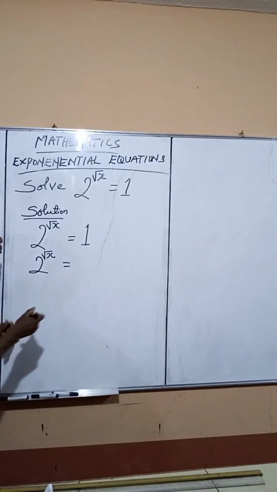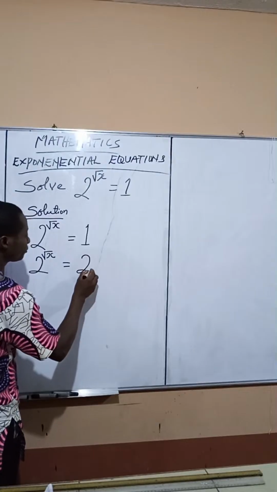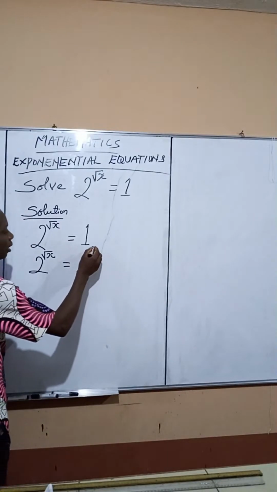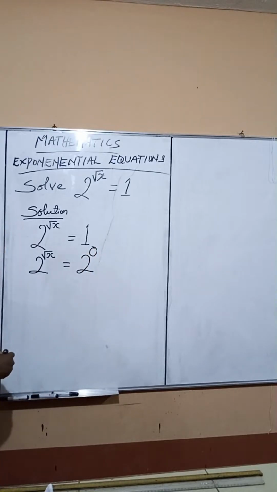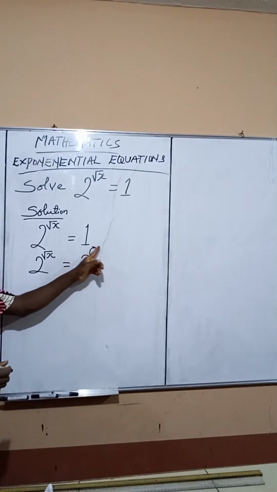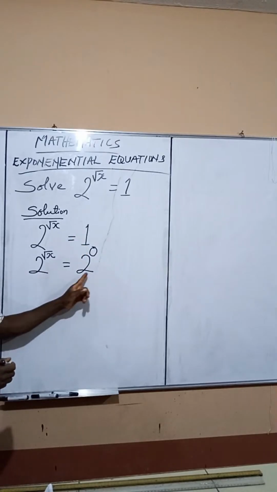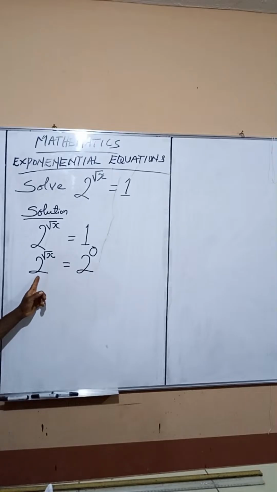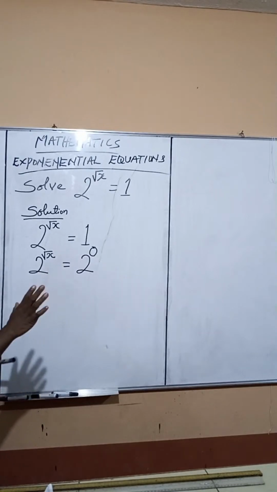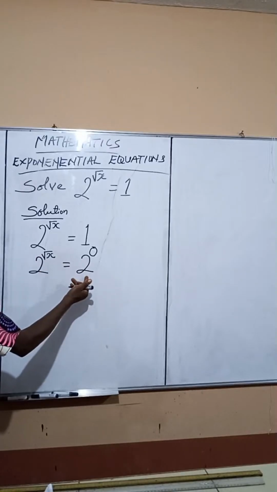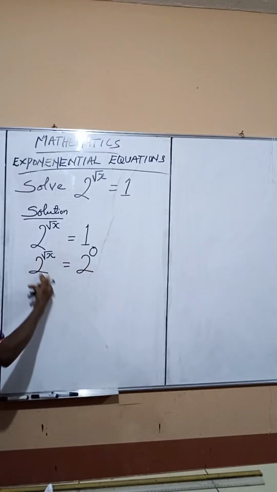So we can take 2 and place it here, then I raise it to the power of 0. And once we raise 2 to the power of 0, it is equal to 1, which means we have been able to make the bases equal. You see, the bases are now equal. So we have 2 here and 2 here. The implication is that since 2 is here, we can simply cancel this one out or neglect the base.